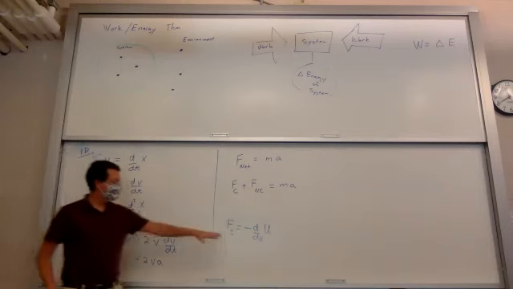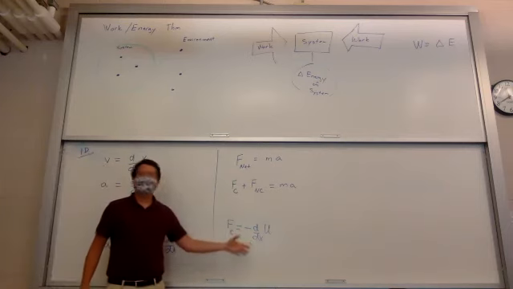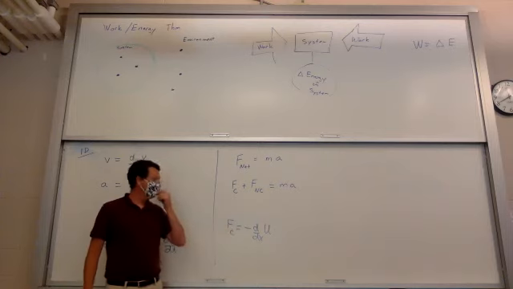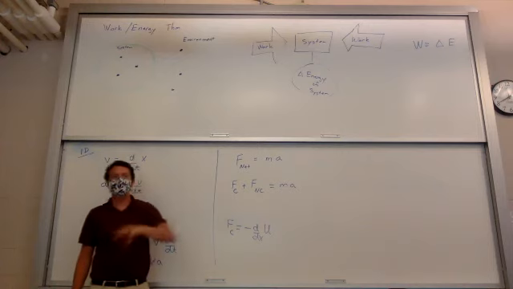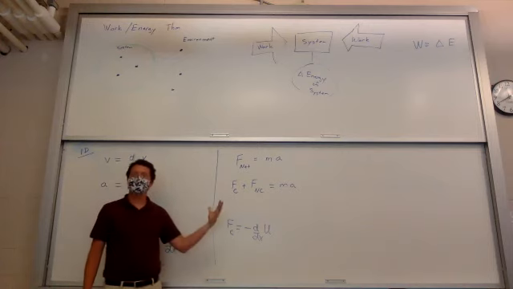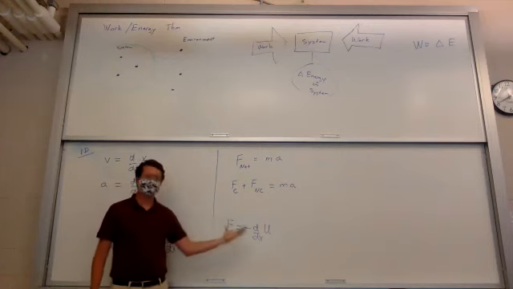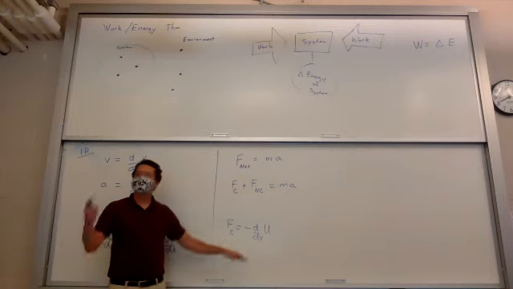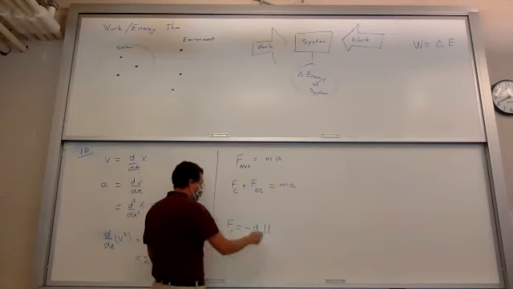It seems random, seems weird. This is what it's defined to be, though. And we showed, you can try for gravity or a spring or any other conservative potential, that it works out. For example, let's apply this to gravity.